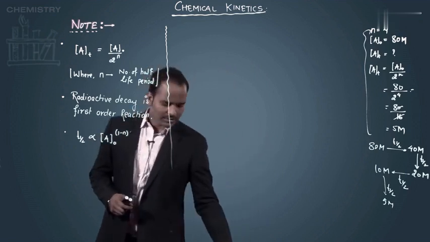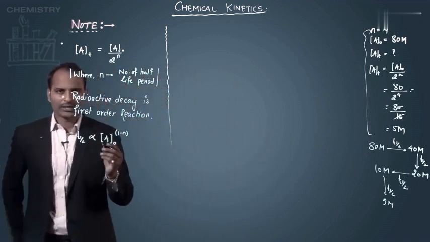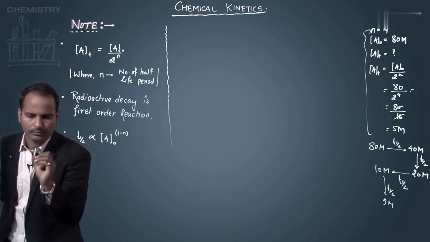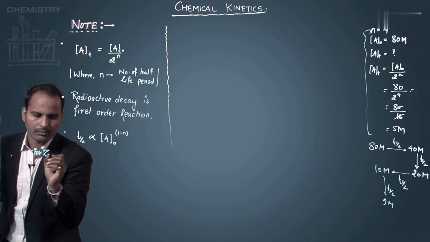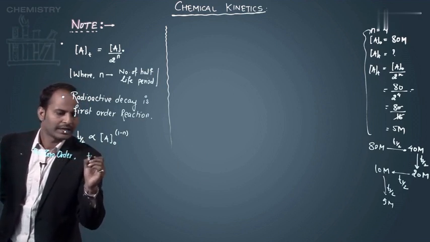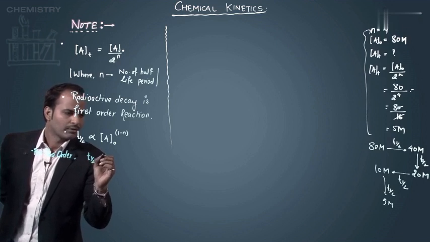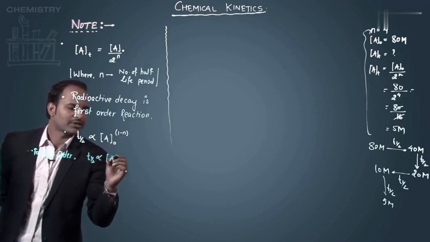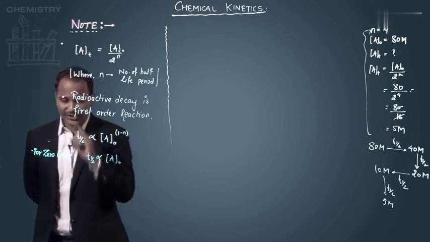If I am considering a zero order reaction, zero order means 1 minus 0, so T half is directly proportional to initial concentration.